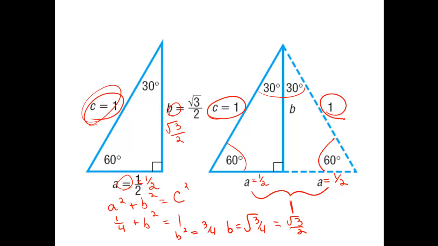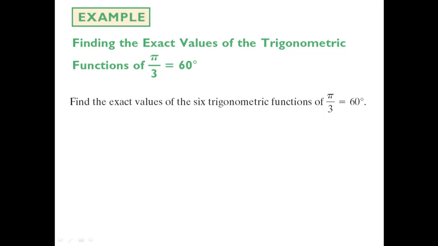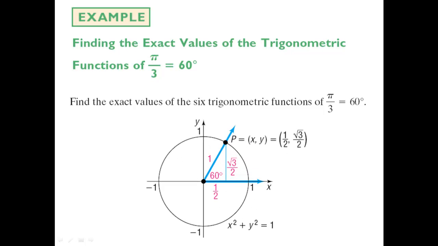So if I go back to my unit circle, then if I want to find the exact values for the 6 trig functions for pi over 3, which is 60 degrees, then here's my 60 degree angle. It's going to be my central angle. So the long side is this one right here, square root of 3 over 2, which is your height, which is your y value, your y coordinate.